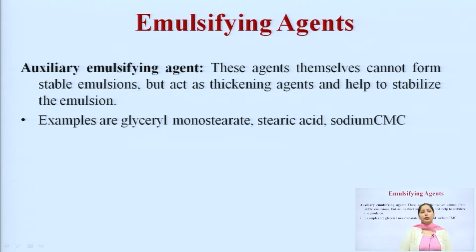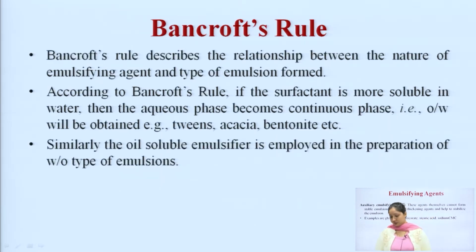They increase the overall viscosity of the system, thereby reducing the mobility of the globules of the dispersed phase, and so they prevent the collision between the globules of the phases. For example, glyceryl monostearate, stearic acid, sodium CMC.